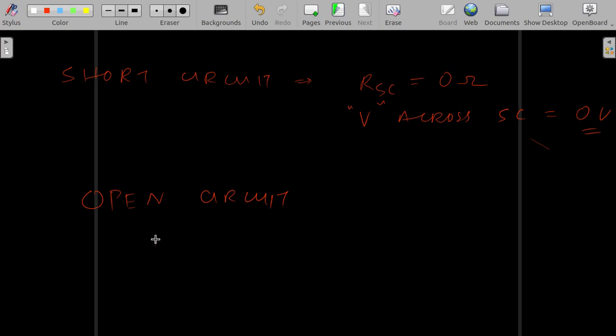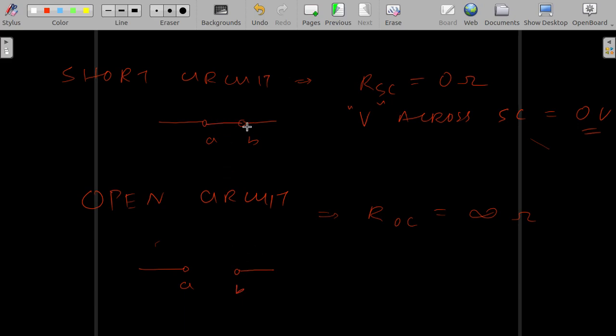And for open circuit, the resistance of an open circuit will be infinity. That is, there is no physical connection between the points which are open, right? For example, here for A and B, this is a short circuit. Here for A and B, this is an open circuit.